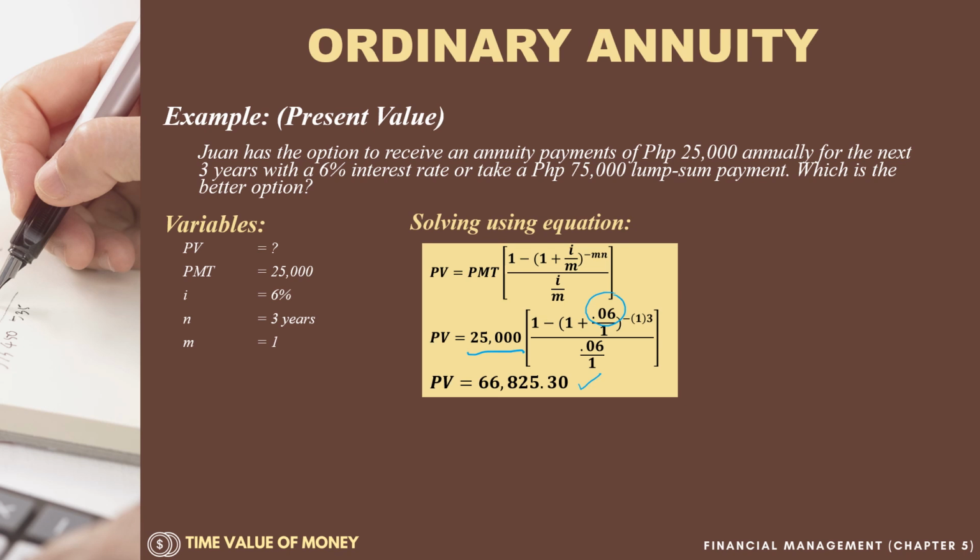Is it having the lump sum payment of 75,000 or receiving the 25,000 pesos per year for 3 years? The answer should be, one should accept the 75,000 lump sum payment, as it is greater than the value of the annuity payment of 25,000 per year for 3 years.